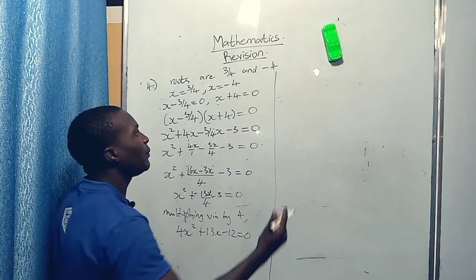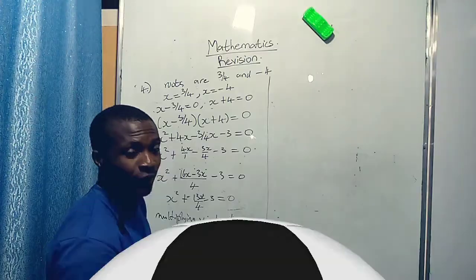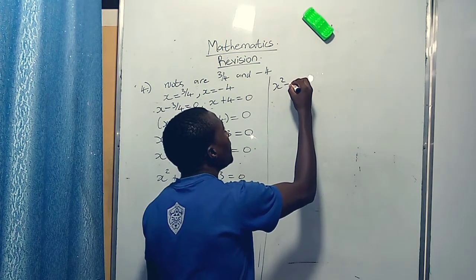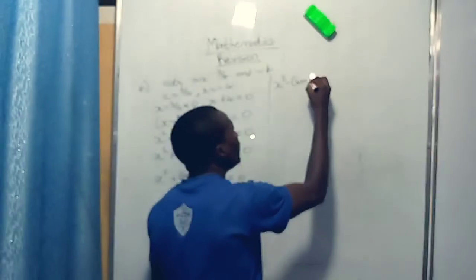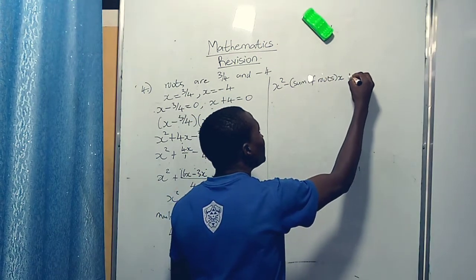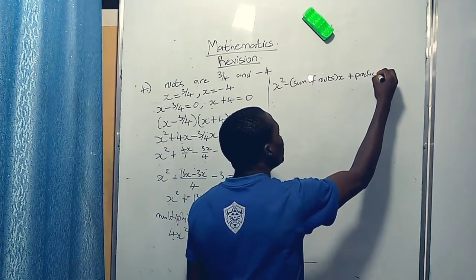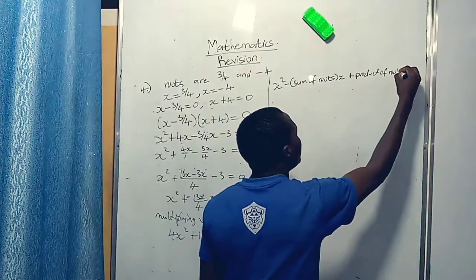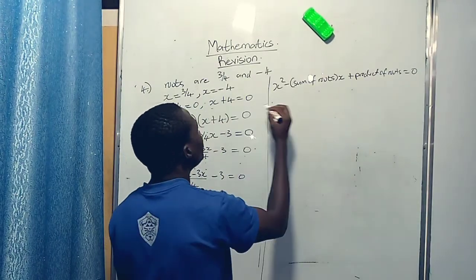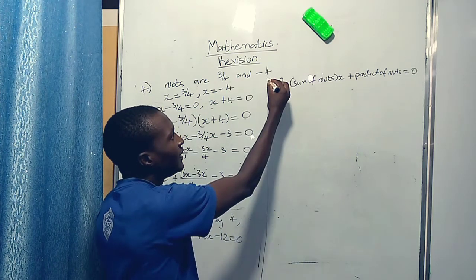And the other way of doing it is by applying a formula, and the formula is x squared minus sum of roots multiplied by x plus product of roots equal to 0. Well, now we're given the roots, and the roots are 3/4 and minus 4.